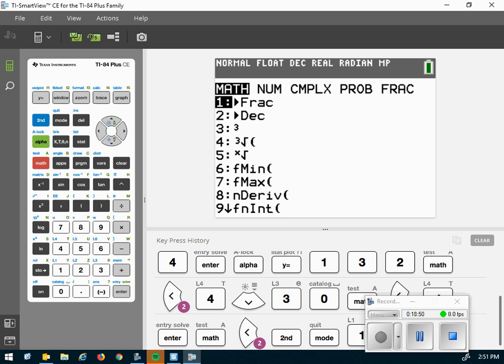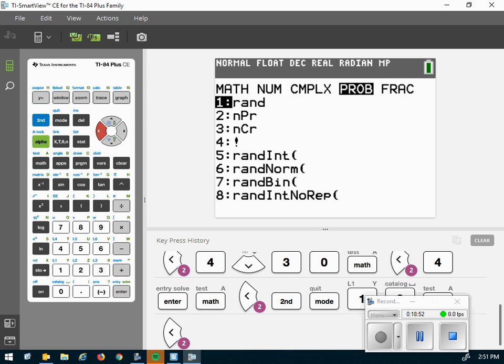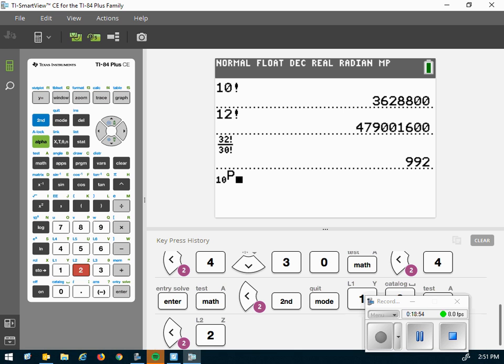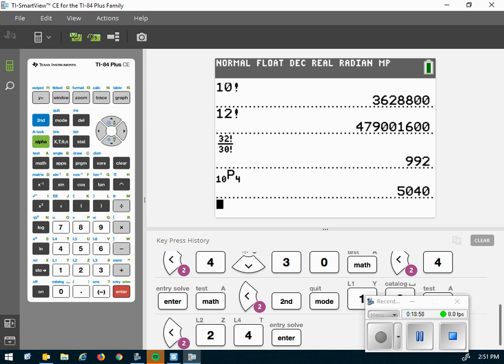Then go to that command. And then type in your 4. Yeah, it's the same thing. This is just real helpful when your numbers are bigger.